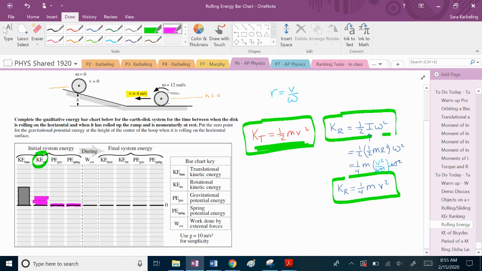So I think we can all agree that there is no spring energy at all. In this case, no outside forces are acting, right? The only things acting are the rotation itself that's already started and the gravity, and that's the Earth, and it says the Earth-disk system. So that means there's no outside work.